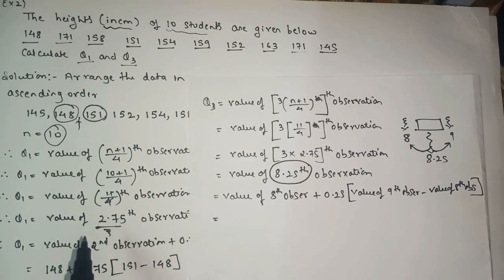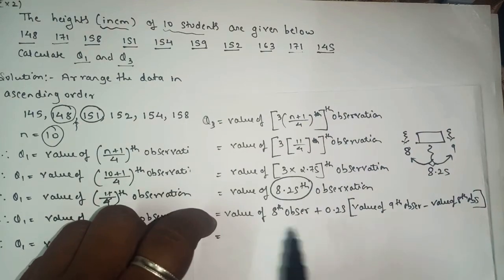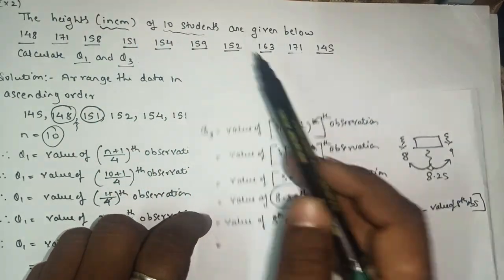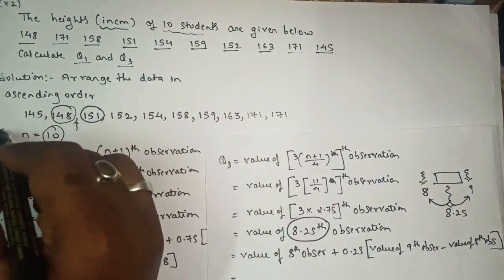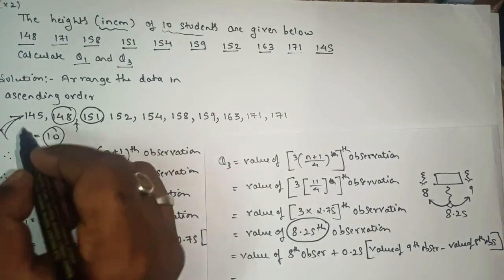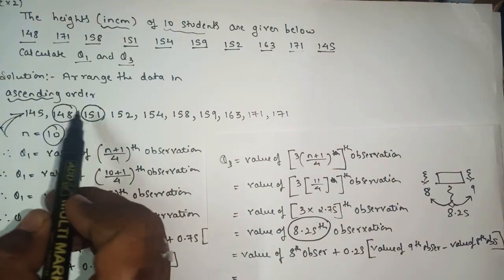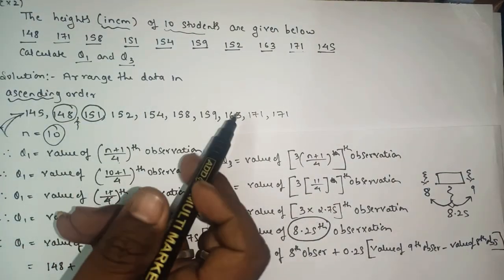As here it was 2.75, now here it is 8.25. So now we'll see the value of the eighth observation. So 1, 2, 3, 4. So here we have the actual answer. Okay, ascending order. Don't see here, it is in the question. So 1, 2, 3, 4, 5, 6, 7, 8.